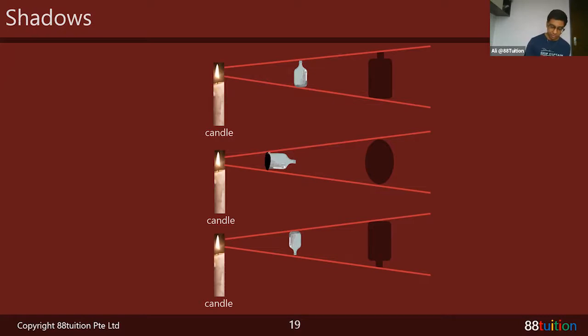If I say this object is bigger like this, what will happen? So let's do it in white. If this object is like this, then what will happen? Then the shadow will have this also, right? Am I right?